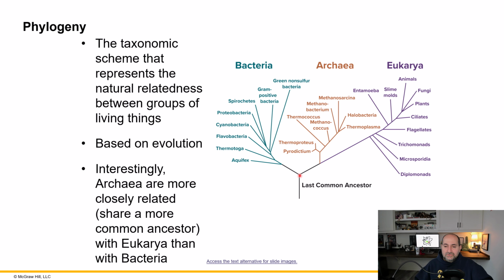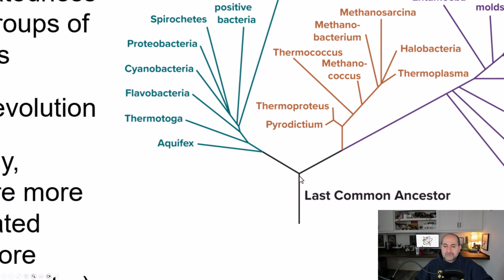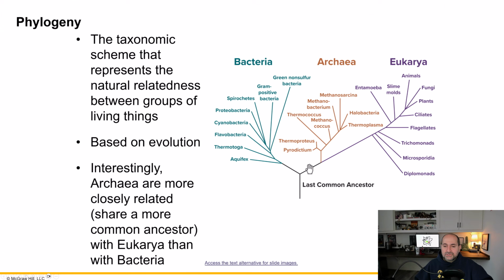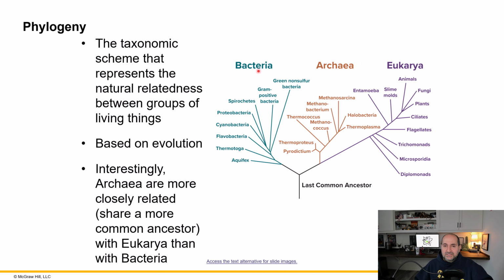Now, when there's this node and you see how it diverges into two branches, this spot is where there was a divergence. This is a common ancestor where there was a divergence. Now, that divergence led to the bacteria and the archaea and eukarya.